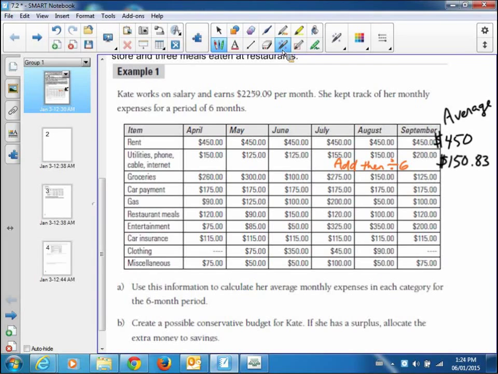Car payments is easy, but whatever. I'll get you to do groceries, car payments, and gas. I'll do the rest. That way I'll know you understood.